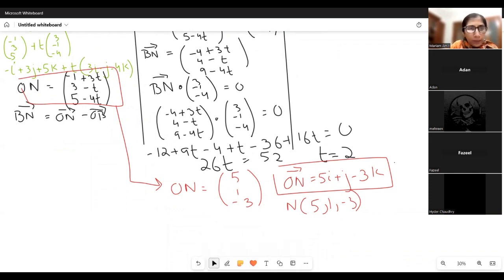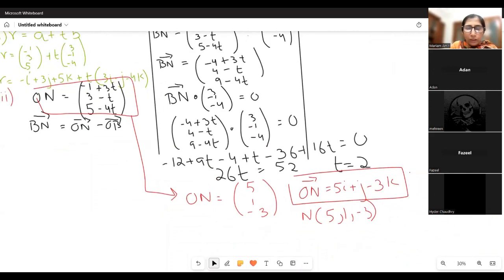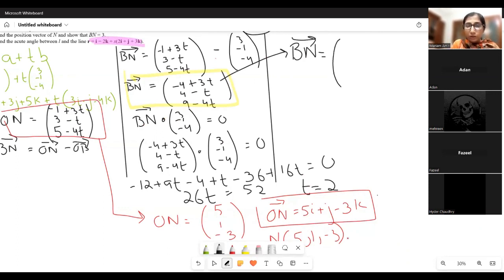Now we need the magnitude of BN and show that BN is equal to 3. We also have BN in terms of t right here. Let's find the value after substituting t and then take its magnitude. So t is 2, that's going to be 6, and then 2 here.